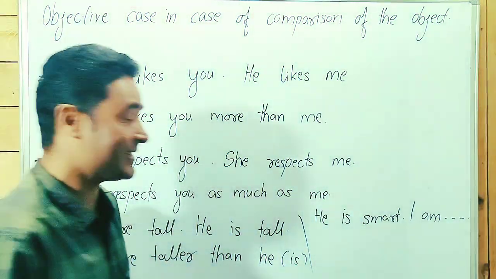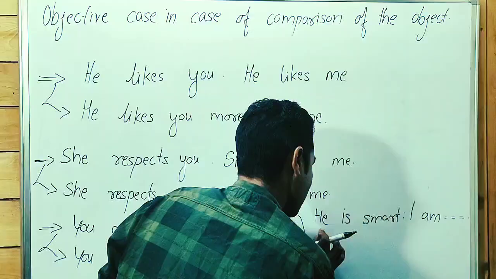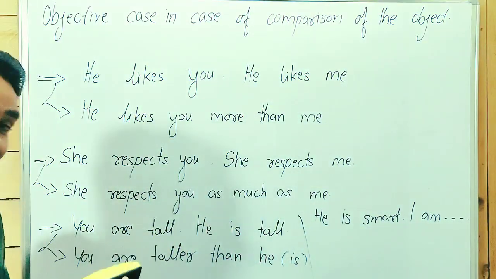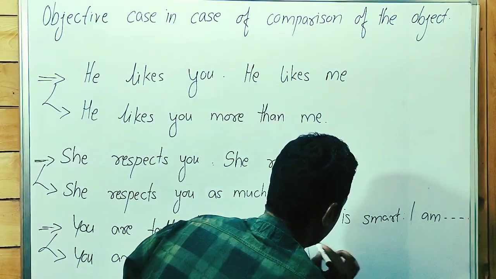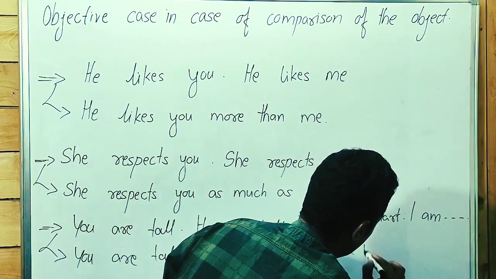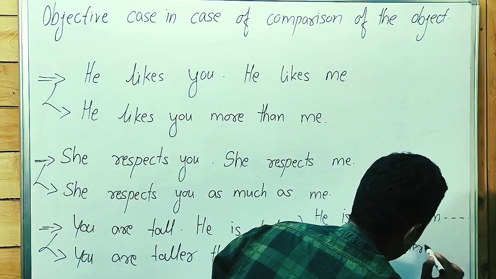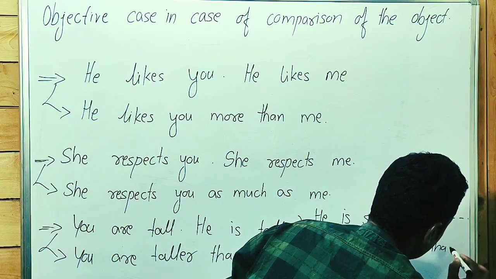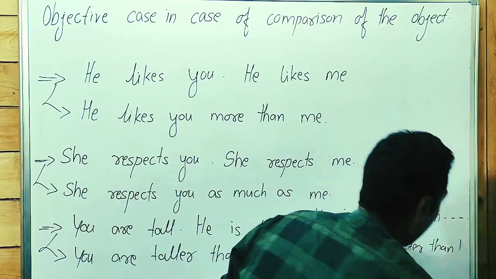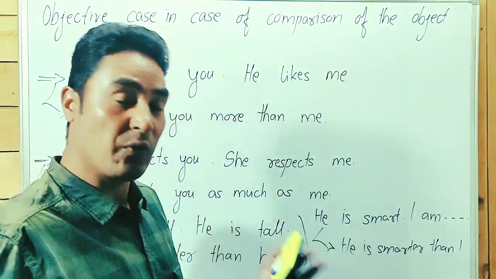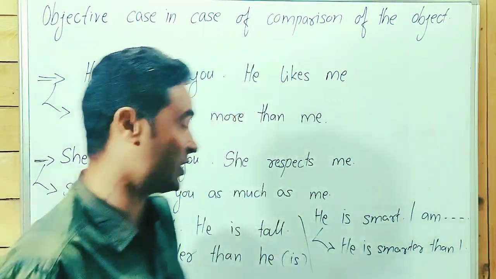There are two sentences here as well: he is smart, I am smart. They can be written as: he is smarter than I am. Am is optional. Am is understood over here. The verb is understood here, as you know.